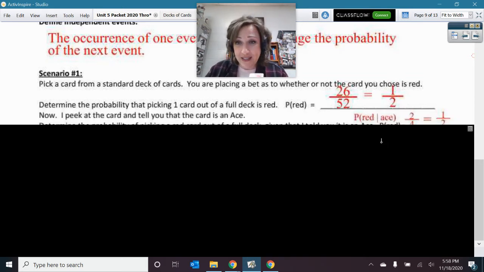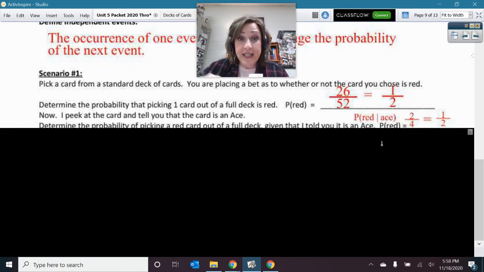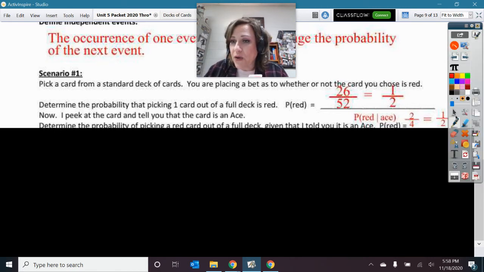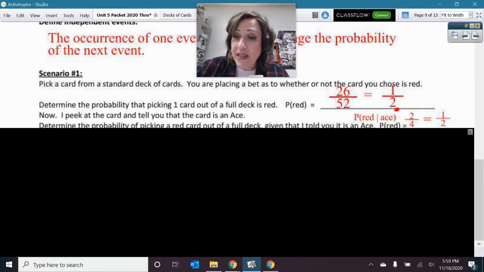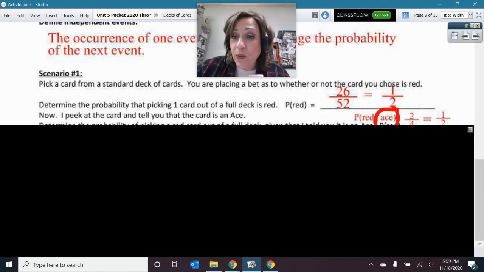So, given that, and we're going to learn this later, we'll learn this symbol. This line here means given that you have an ace, given that I'm telling you it's an ace, so what's the probability it's red? Well, how many aces are there? There are 4 aces. So I've now narrowed it down to these 4 aces here.